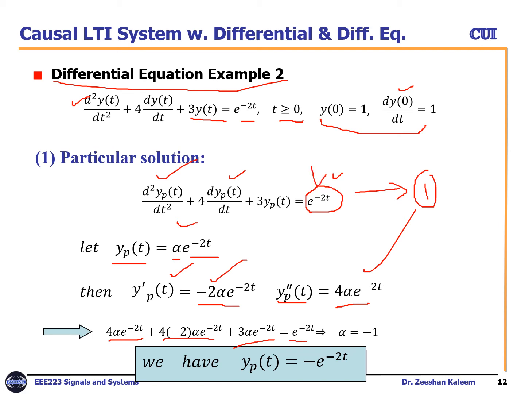Take e^(-2t) common on both sides, and after solving we get alpha equals minus 1. Putting this in equation 2, we have the particular solution y_p(t) equals minus e^(-2t). This is our particular solution. Now let's find the homogeneous solution.